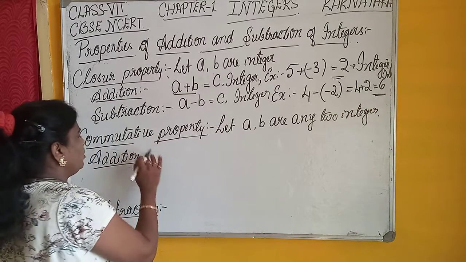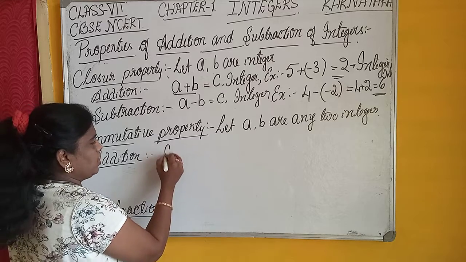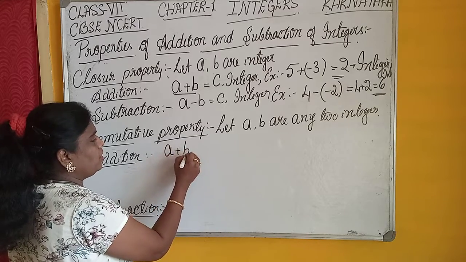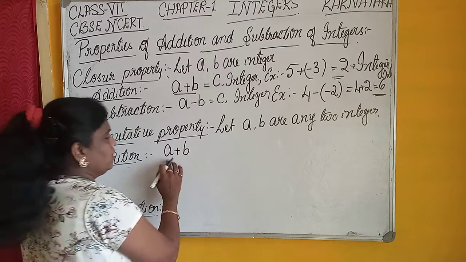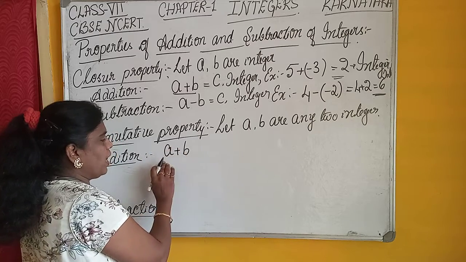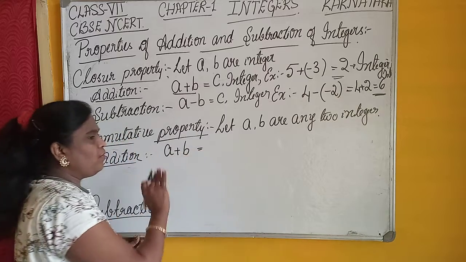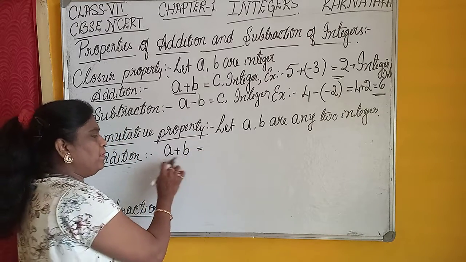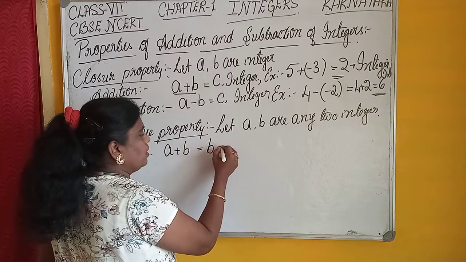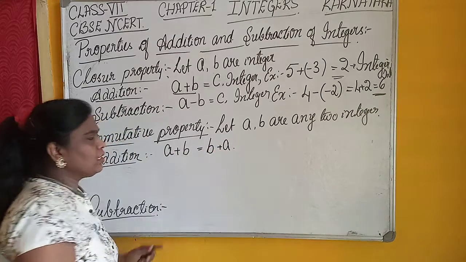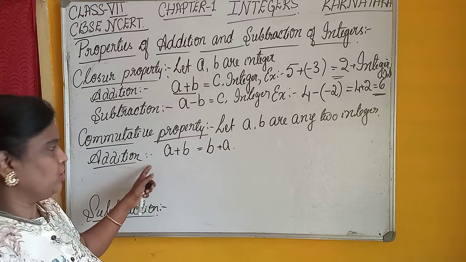The commutative property of addition is, if you add the two integers in any order, we are adding A plus B here. If you add in the reverse order, the results are equal. This is the commutative property of addition.